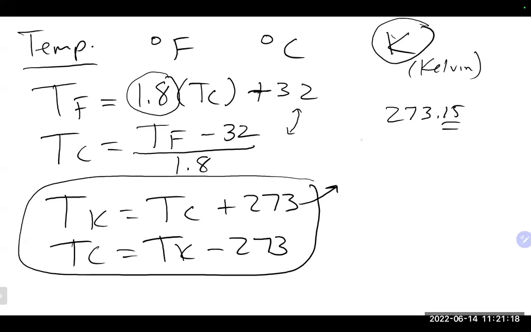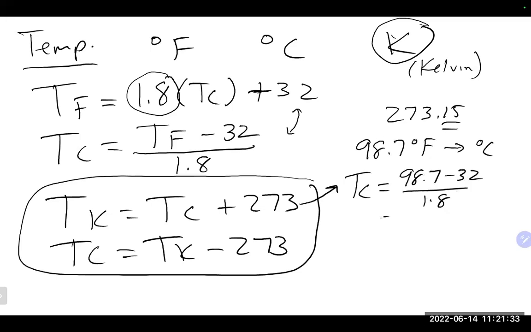So if we had, say, 98.7 degrees Fahrenheit, and we want to know what that was in Celsius, we would put it into our equation: 98.7 minus 32, divided by 1.8. I'm going to hope I picked the right number here. We'll see.